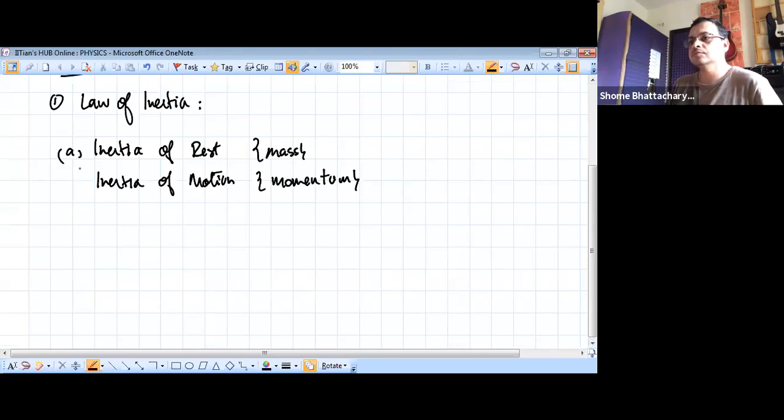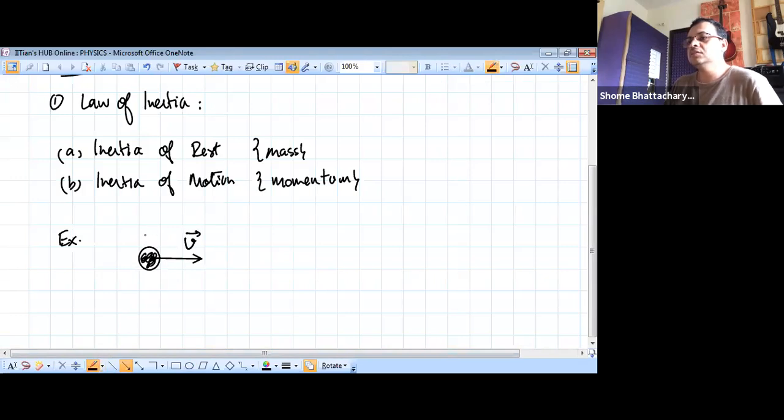We have an example wherein, let us say, you have a billiards ball or a snooker ball moving on a snooker table with a certain velocity v0, or with a velocity v.